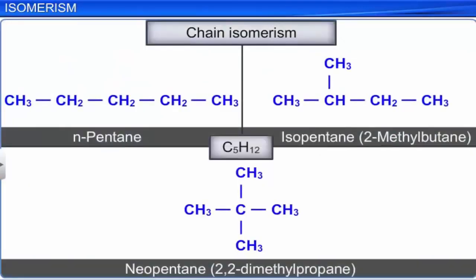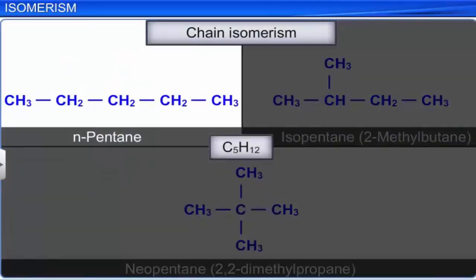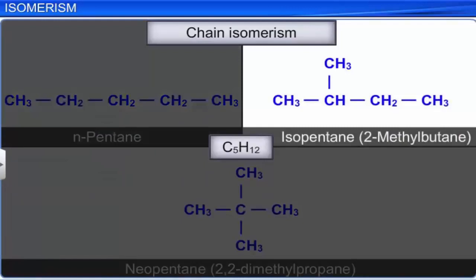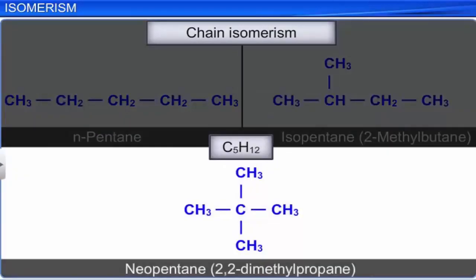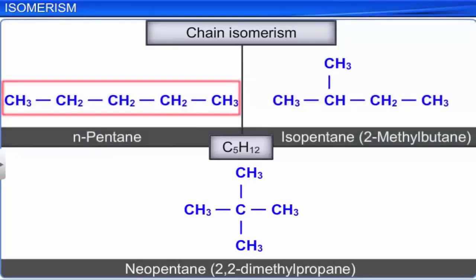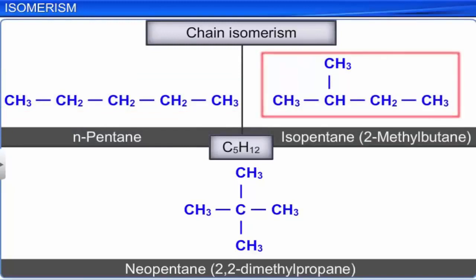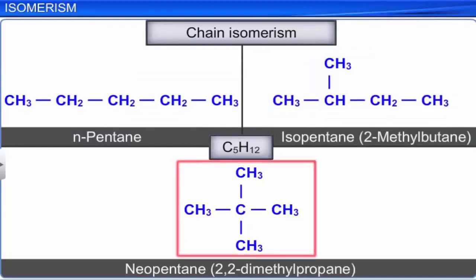They are N-pentane, isopentane or 2-methylbutane and neopentane or 2,2-dimethylpropane. Here the carbon skeleton is different in each compound, but the molecular formula is the same.